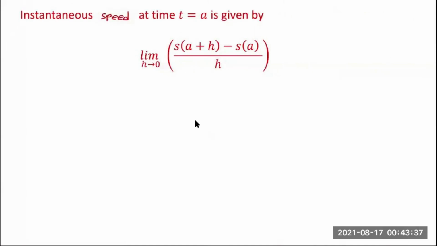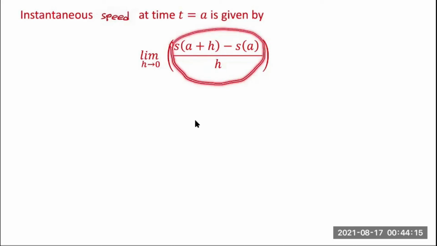And here is a definition for the instantaneous speed at time t equal to a in general. In the previous example, we talked about the instantaneous speed at t equal to 1, but here is how you define the instantaneous speed at t equal to a in general. You take the limit as h approaches 0 of s of a plus h minus s of a, divided by h. To approximate the instantaneous speed at t equal to a, you just consider this quantity.